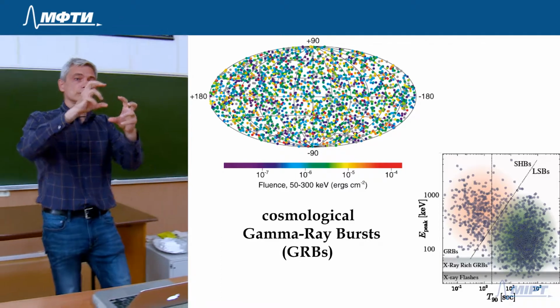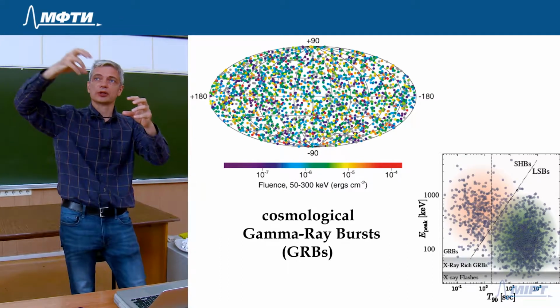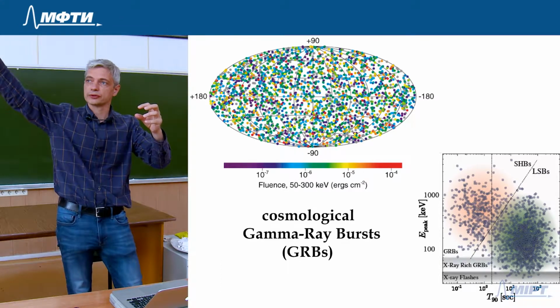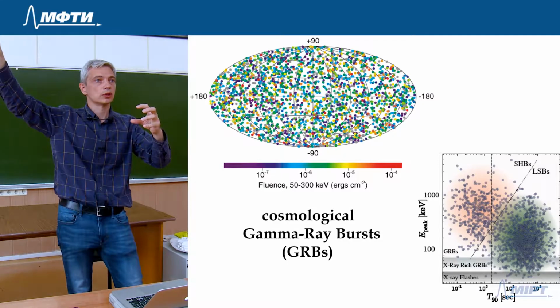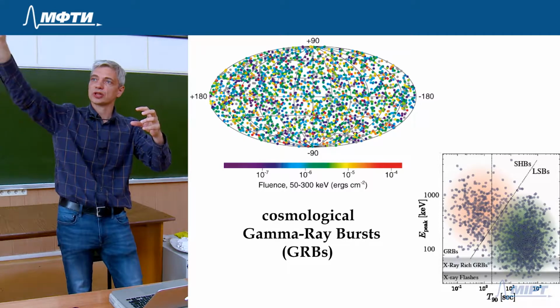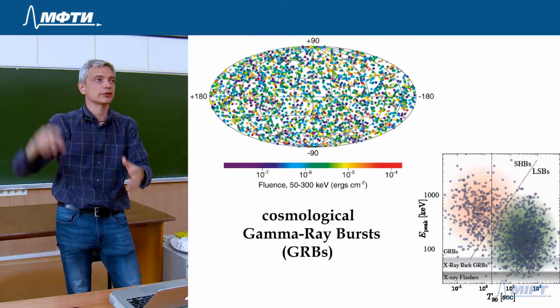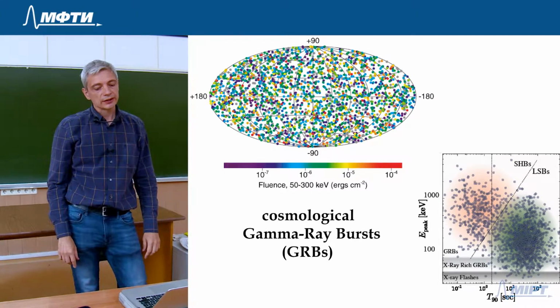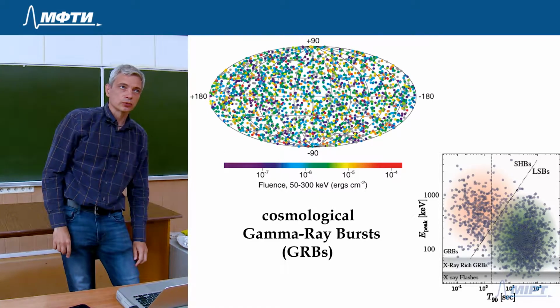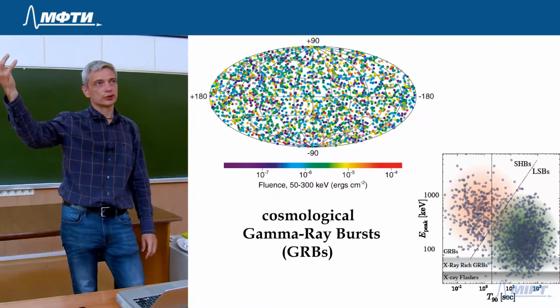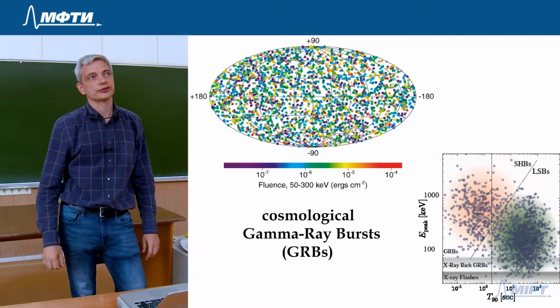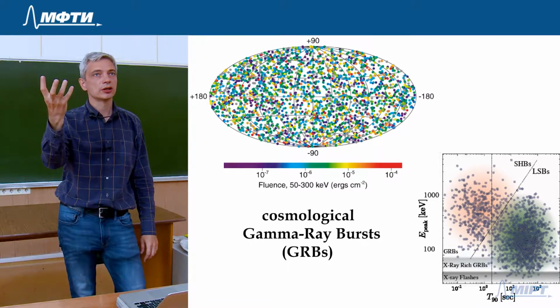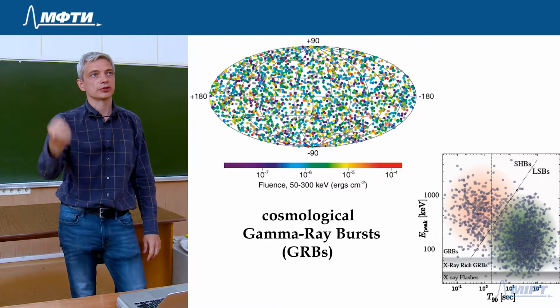This binary was ejected from the galaxy with some speed, lived for a long time, traveled some distance, and then merged. Then we see a gamma ray burst which is somewhat offset from the galaxy. That's the effect observed in the short gamma ray burst population, unlike the long gamma ray bursts, which are normally associated with star formation regions in galaxies. That's consistent with a young star collapsing, the collapsar scenario.